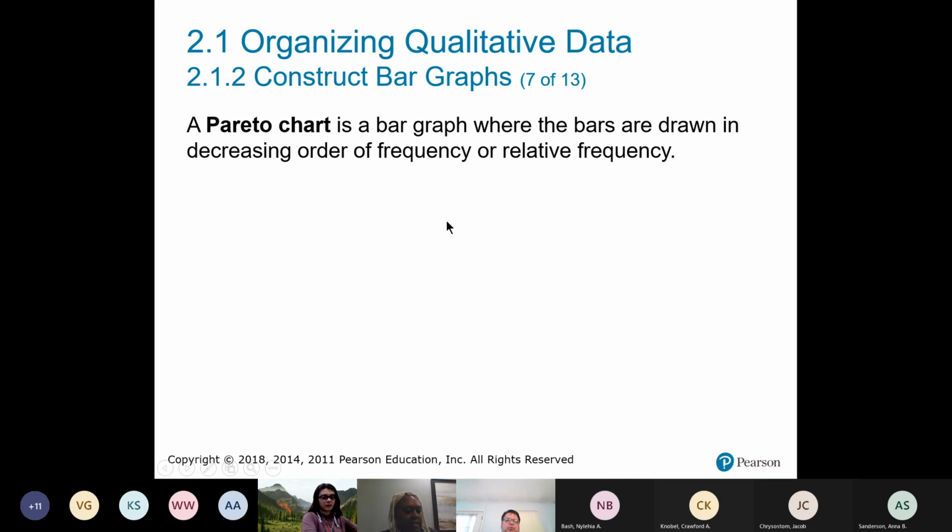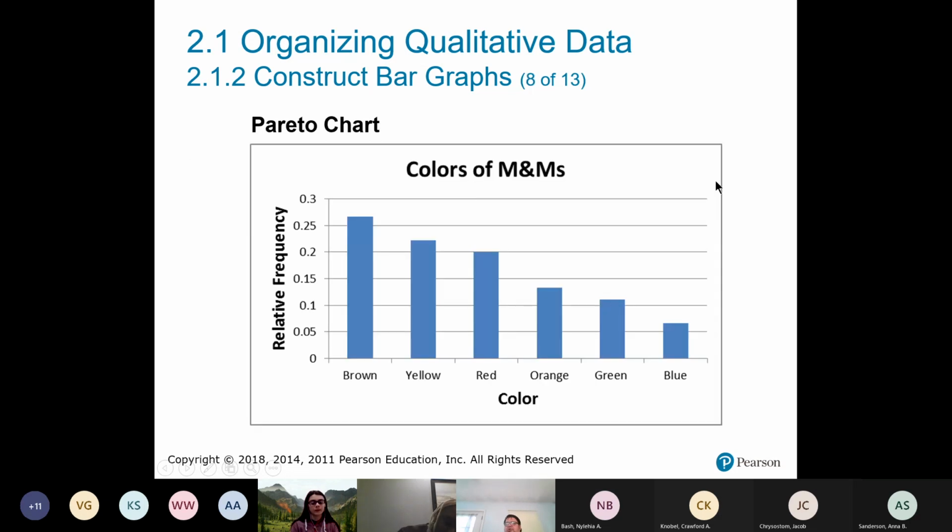Here's an example. Bars are put in, in this case, decreasing order. That's what you need to say: the Pareto chart, bars in descending order. That's all you need to write. And there it is. Bars in descending order. And it goes down.